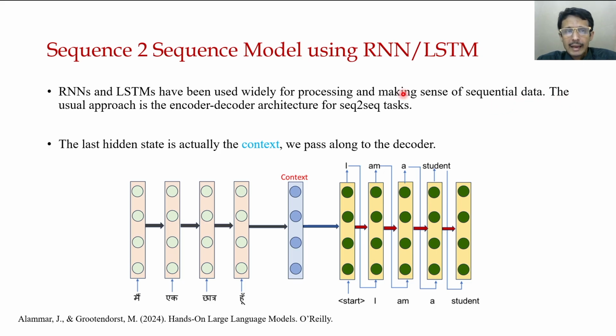The usual approach is the encoder-decoder architecture for sequence to sequence tasks. Sequence to sequence means there is one language, let's say Hindi, "main ek chhatra", and it is translated to English: "I'm a student".